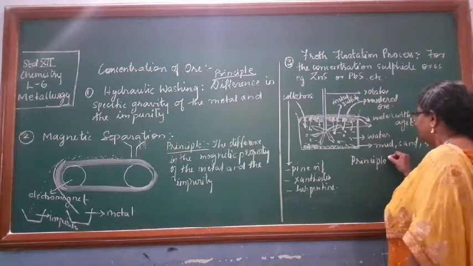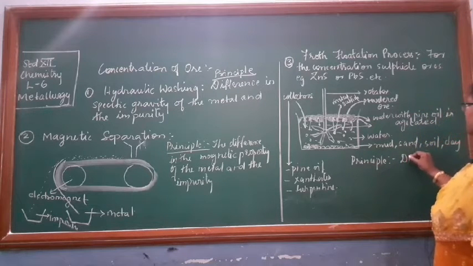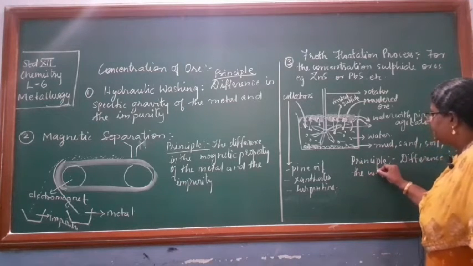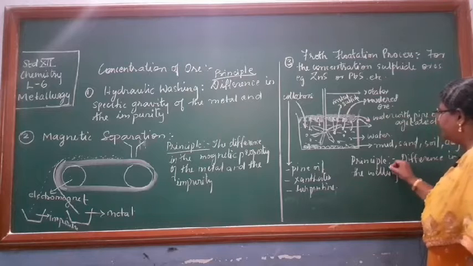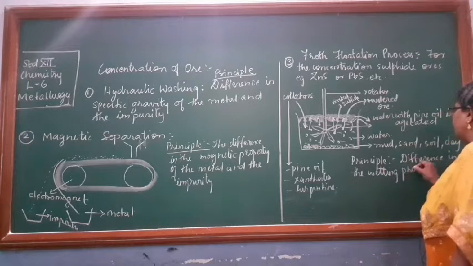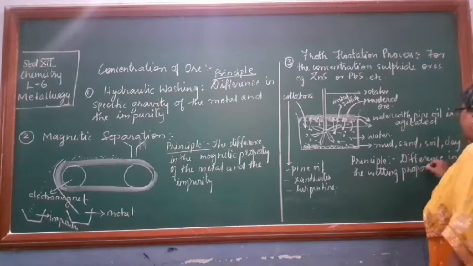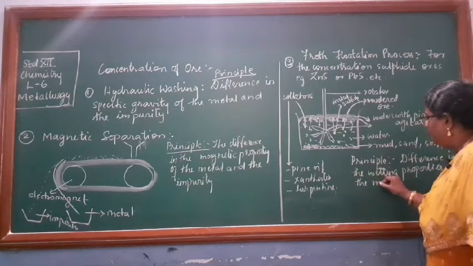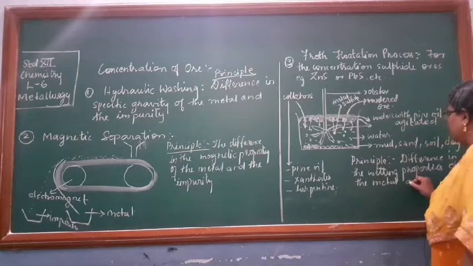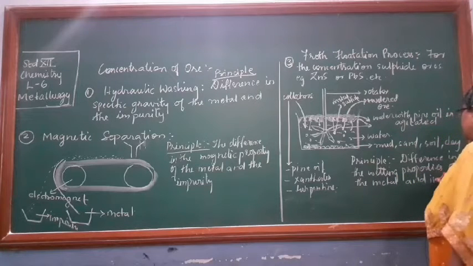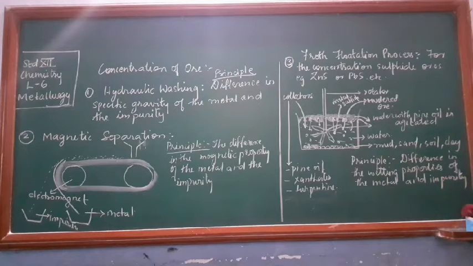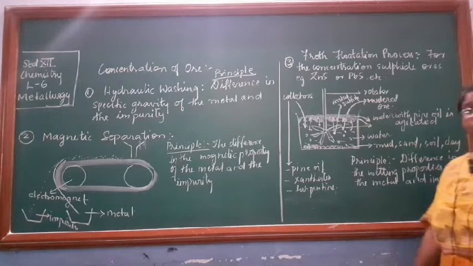The principle here is the difference in the wetting properties of the metal and impurity. Difference in the wetting property of the metal and the impurity, what does it mean?